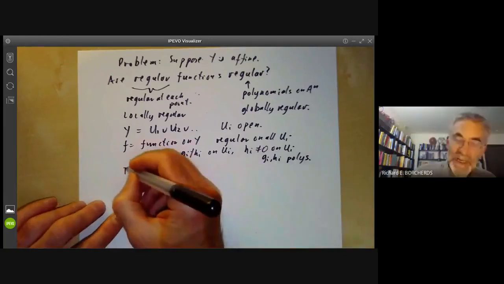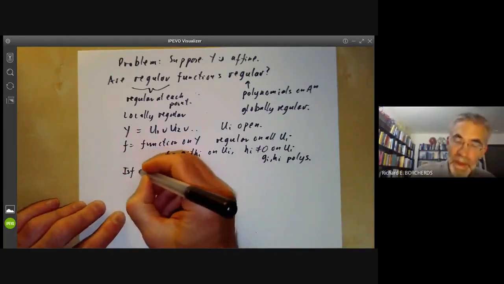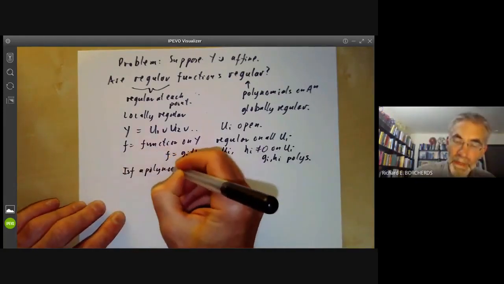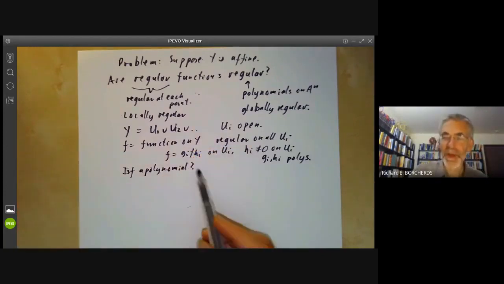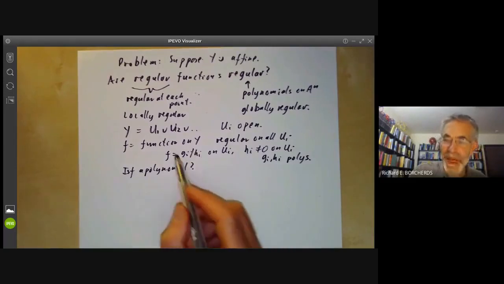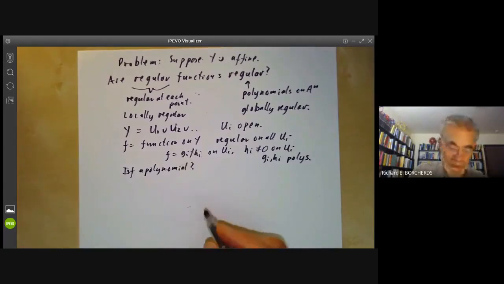And the question is: is f a polynomial? This isn't majorly obvious since we've defined f to be locally given by rational functions.